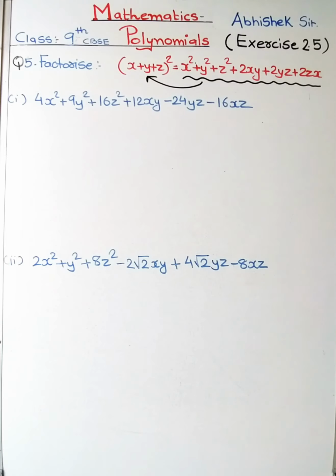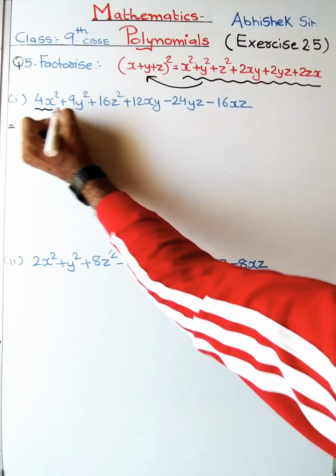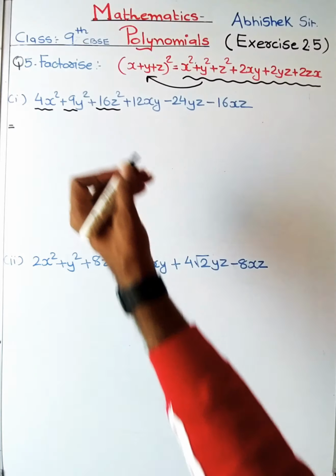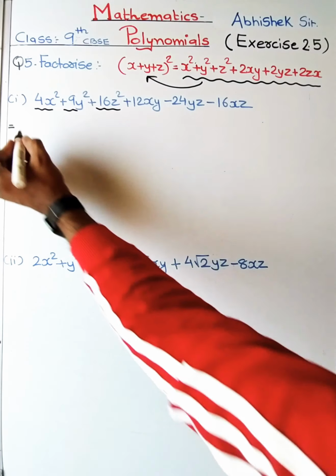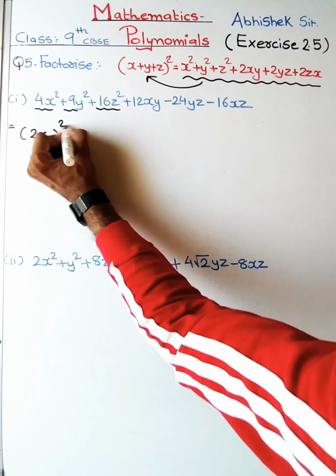Now these two questions we are going to solve in a very shortcut manner. I will tell you the trick. What you have to do is, the first three terms you have to take care of and just write the roots of them in whole square. That means 4x square can be written as (2x) whole square.